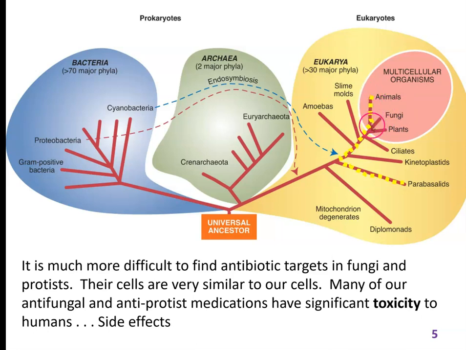Now, you will find there are antifungal drugs, there are anti-protist drugs, but there aren't as many, and it's not as easy to discover them as it has been to discover antibiotics against bacteria. So the closer related we are to a pathogen, the harder it is to find drugs that we can safely eat or inject that will kill that pathogen.